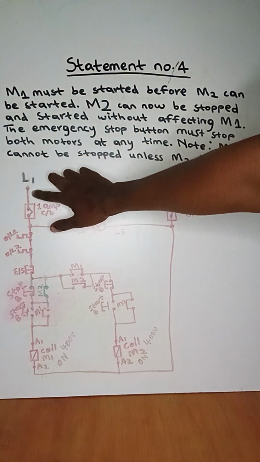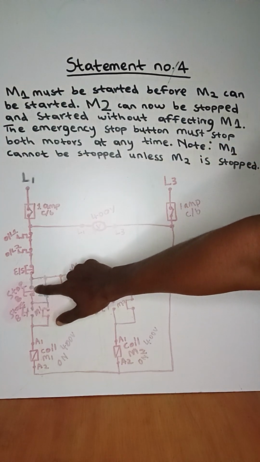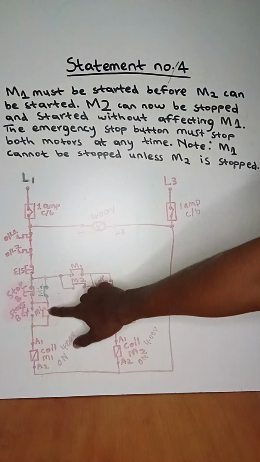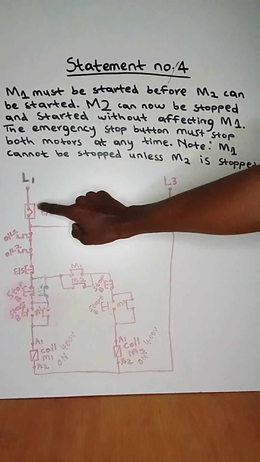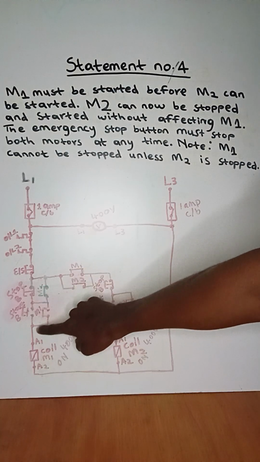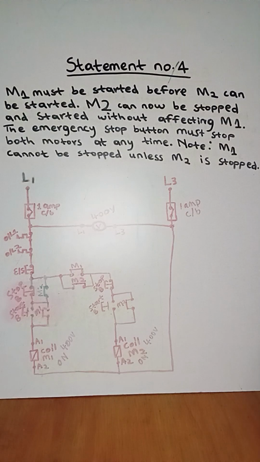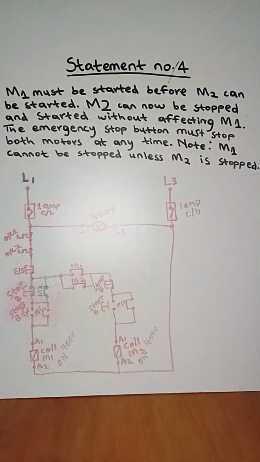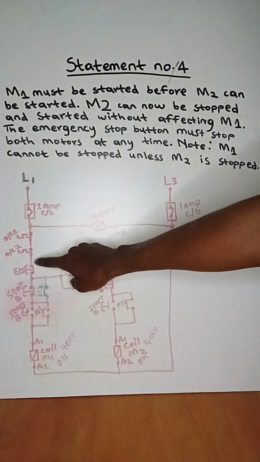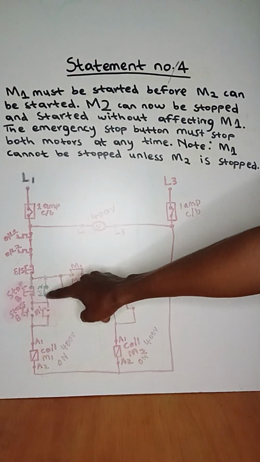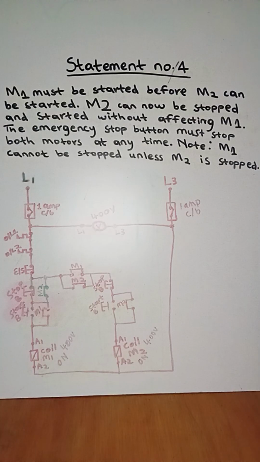Live current from live 1 will flow down and find the close contact here, flow all the way to the coil of motor 1, and also flow through the contact of motor 2, and all the way to A1 coil of motor 1. So our live current from live 1 flows in two different ways, through the stop button and through the contact of motor 2. Right, let's stop motor 1 and see if it can stop.